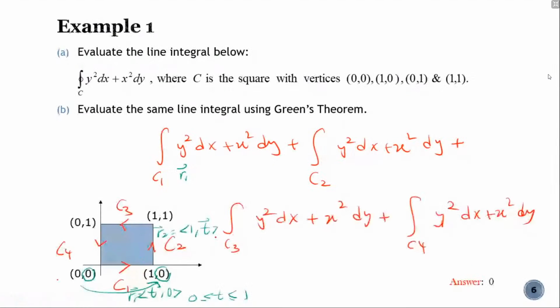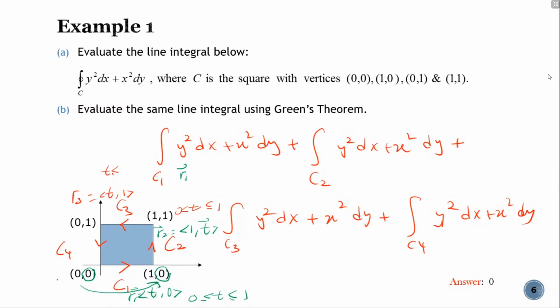For curve 2, t changes from 0 to 1. For curve 3, if you notice, what changes is also t. This is R3: the x changes, so I put t, and y remains as 1.